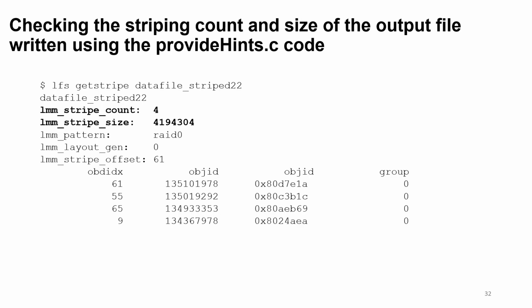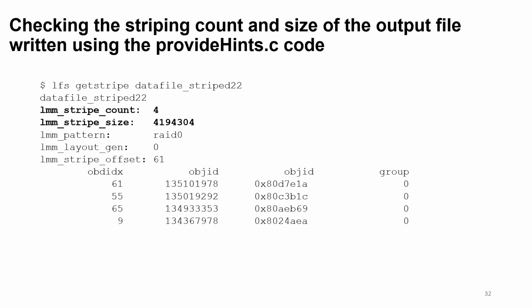Next, we will compile and run the code that we saw on the previous slide. After we run the code, we will get an output file named datafile_stripe22 generated. We can inspect the stripe count and stripe size for this file by using the lfs getstripe command of Lustre.